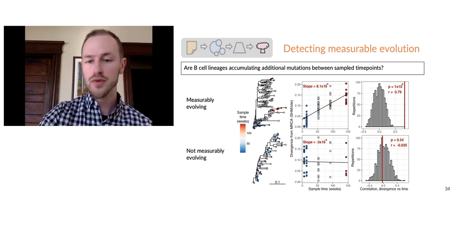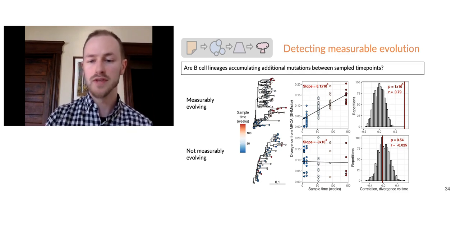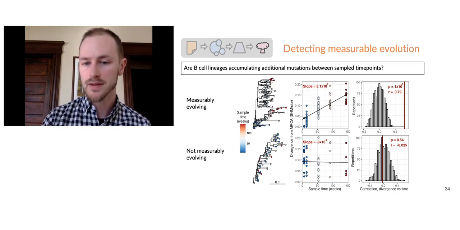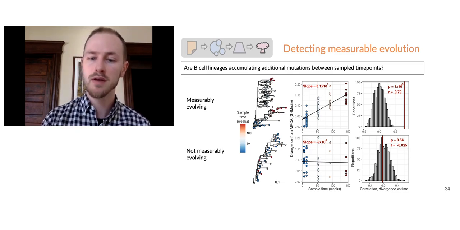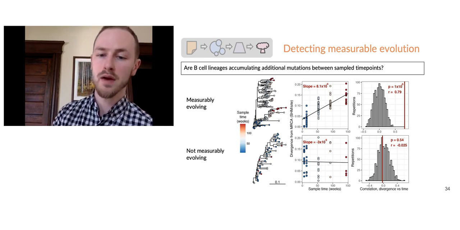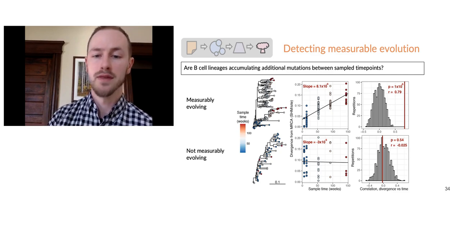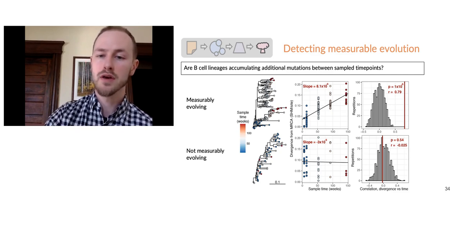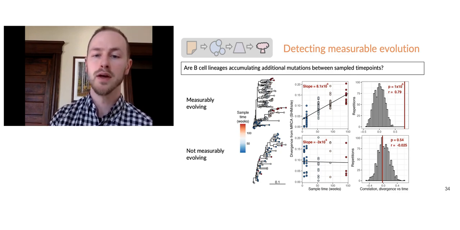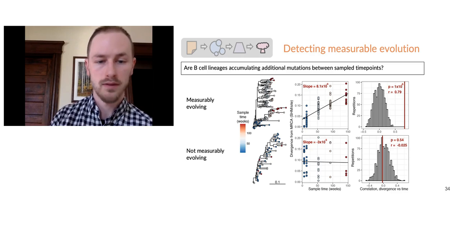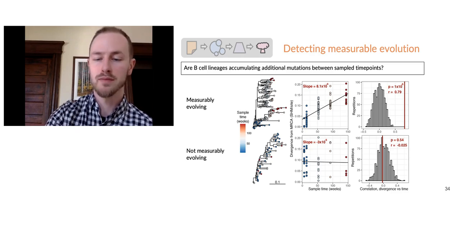One way of viewing that is to use a scatter plot where the x-axis is the sample time and the y-axis is the divergence from the germline. And if we do that, we can see a very clear increase over time within this particular lineage. And the slope here represents the rate at which mutations are accumulating for each week, because that's the unit of our sample times.